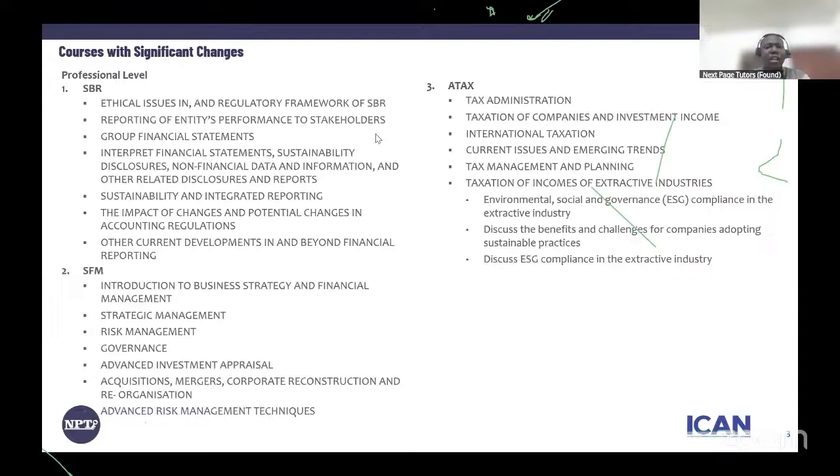They also introduce the potential changes in accounting regulation, and other current developments. Inside these other current developments, that's where we have blockchain accounting, cloud accounting, cloud computing, and cryptocurrency.